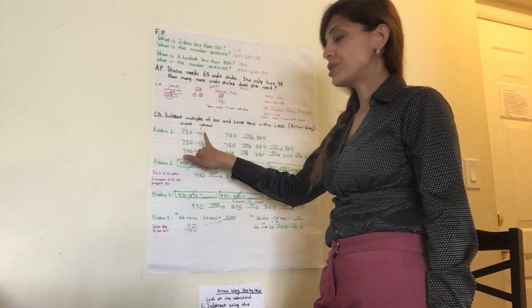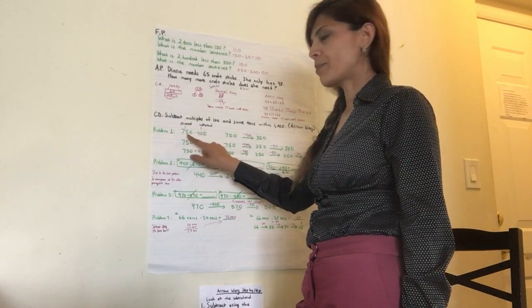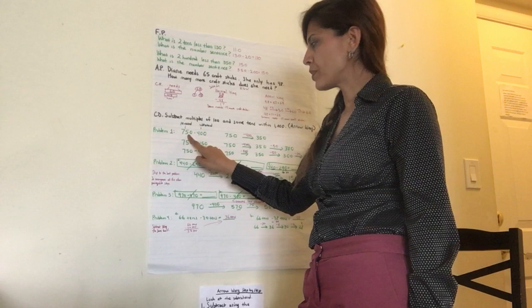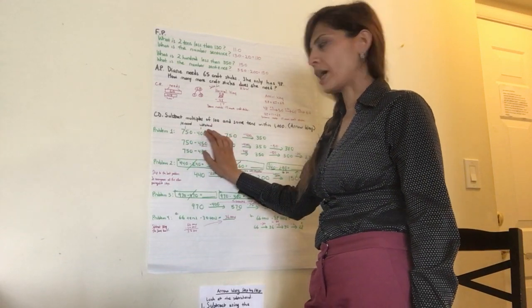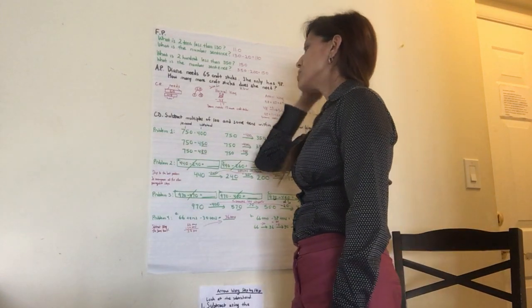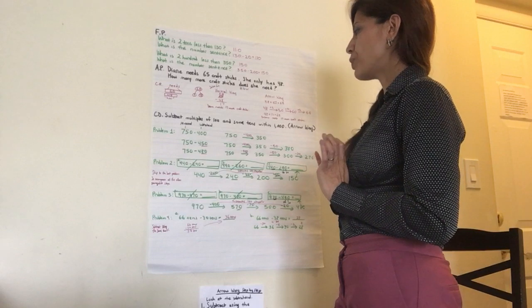Got it? We need to know this. It's important for this lesson. The minuend is the first number in a subtraction problem. The subtrahend is the second number. Good work. So again, we're learning how to subtract using the arrow way.